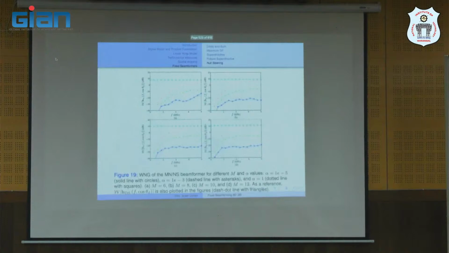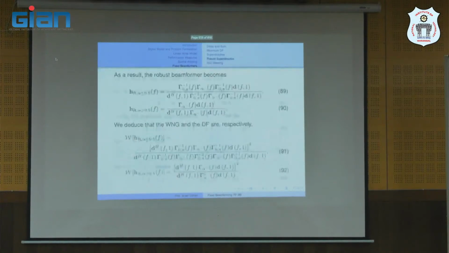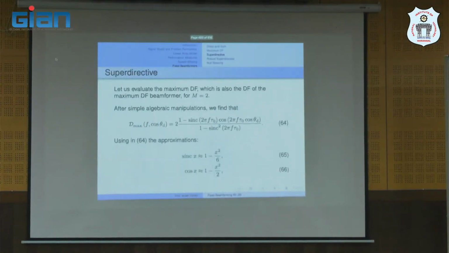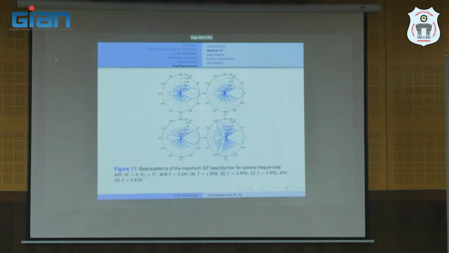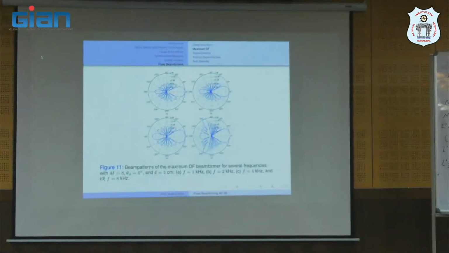Okay, let's go with the fixed beamforming. We talked about delay and sum and maximum DF. We showed examples to compare the delay and sum beamformer, which maximizes the white noise gain, and the maximum DF beamformer, which maximizes the directivity factor.